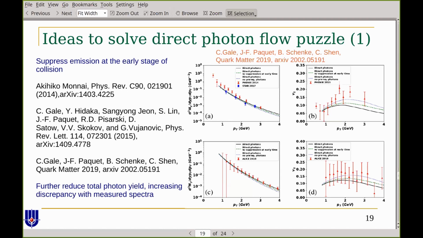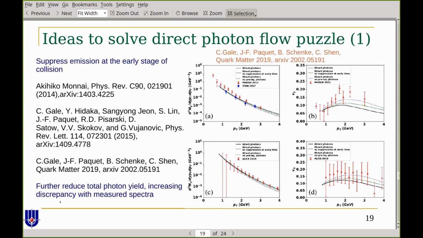The idea is that at the very beginning of the collision, gluons should be produced more copiously, and as gluons are chargeless, have no electric charge, they do not emit thermal photons, and only later, when these gluons transform into quarks, they start to emit thermal photons. In this way, we somehow postpone thermal photon emission to the later stages.